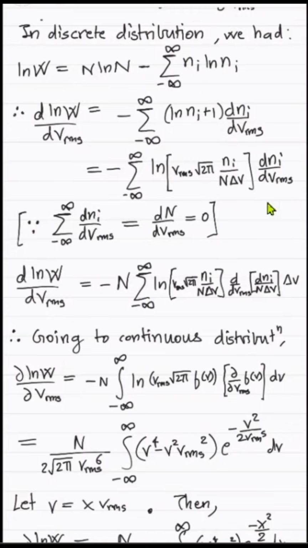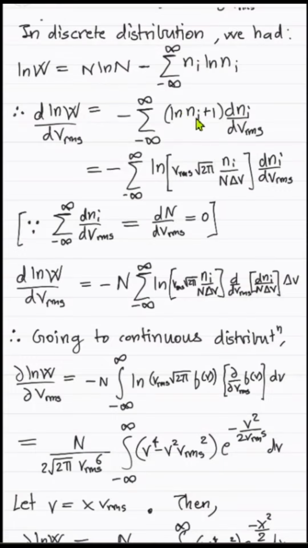So I haven't written that down in this bracket. Because this summation of dni upon d vrms equal to d capital N upon d vrms, capital N is not changing. So this is just equal to 0, of course, because the derivative of a constant is just 0. So this one part, we don't really care about it.